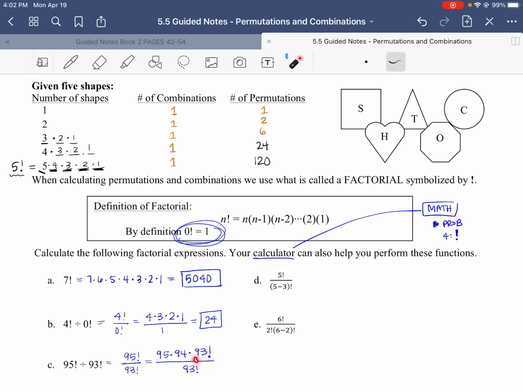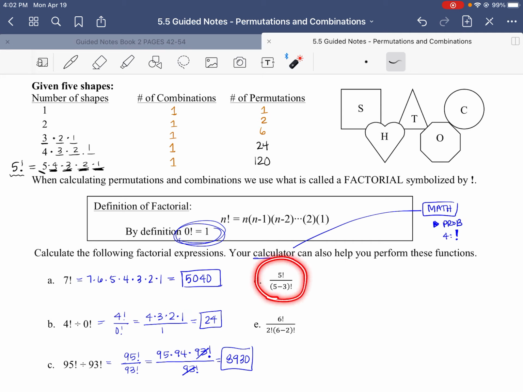So really, 93 factorial will cancel with the other 93 factorial on the bottom, leaving only 95 times 94 that we need to do in the calculator, which is 8,930. So again, I generally will take the biggest number and start to write out the factorial until I get to the factorial that matches the denominator, or numerator if you're doing it reciprocal.